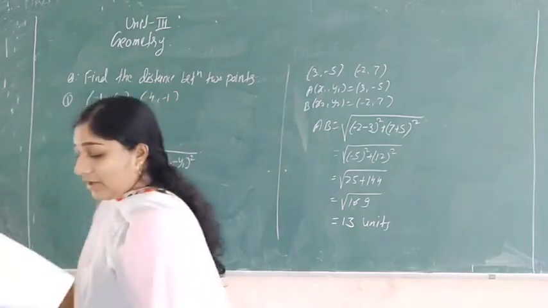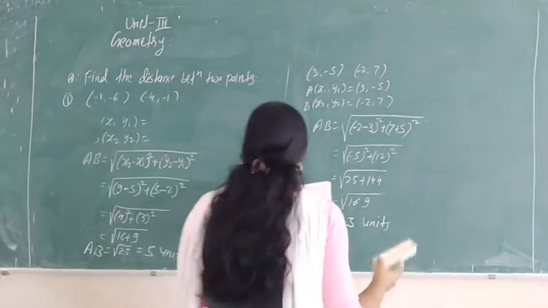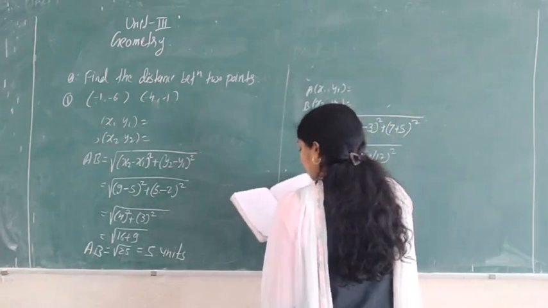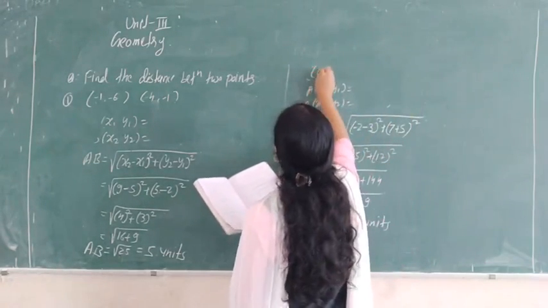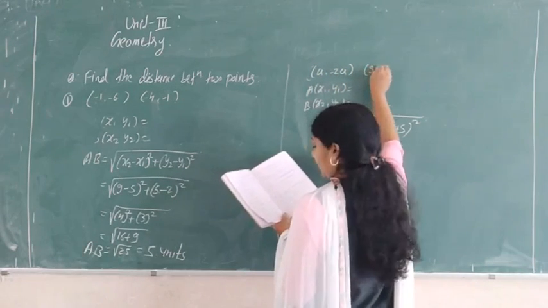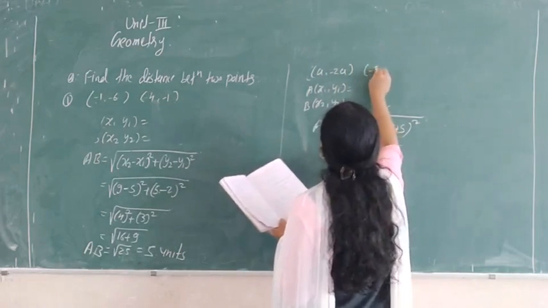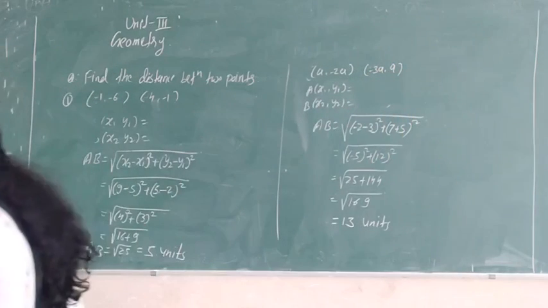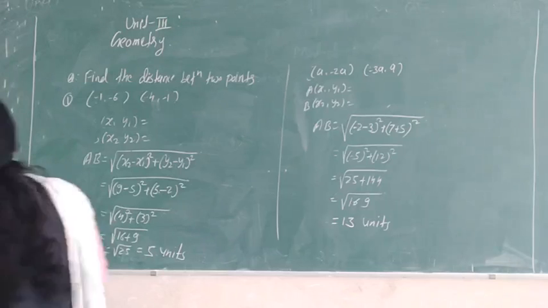And the second one is (a, minus 4a) and (3a, minus a). We will solve these 2 examples.